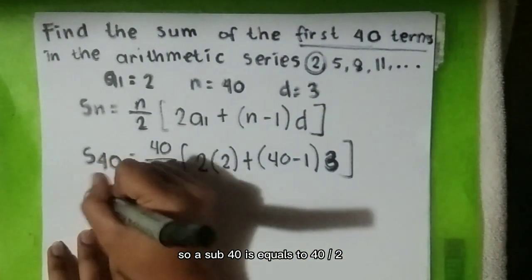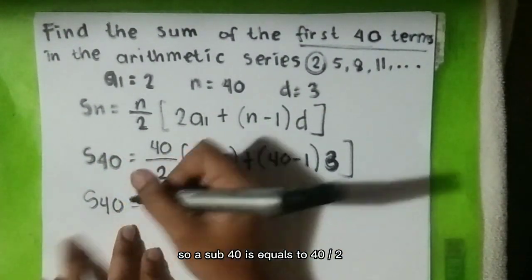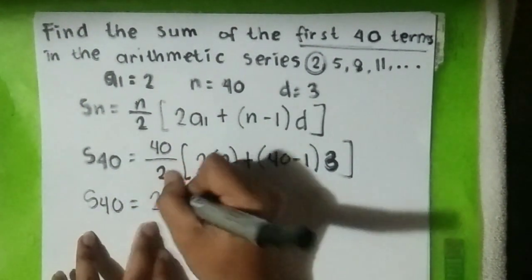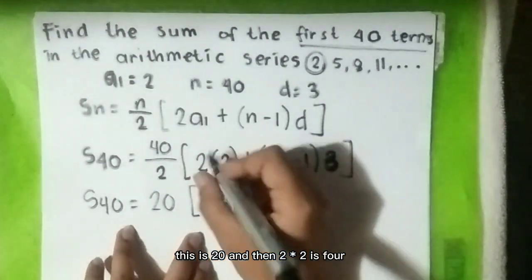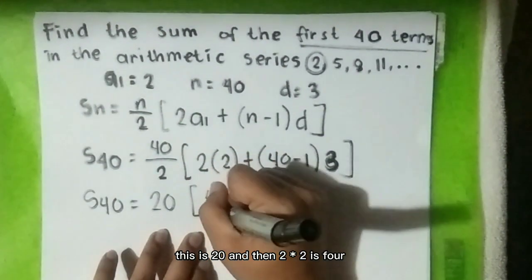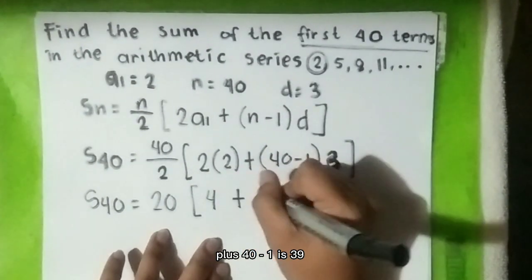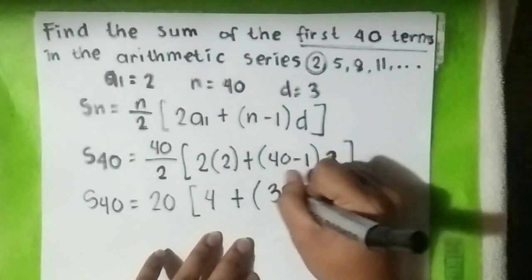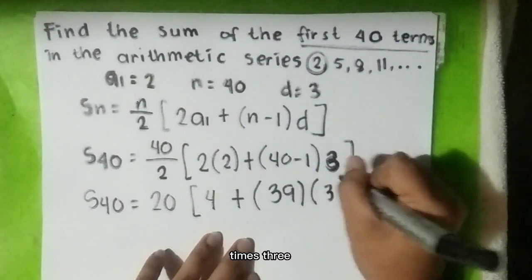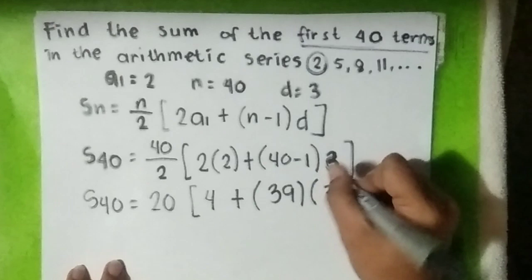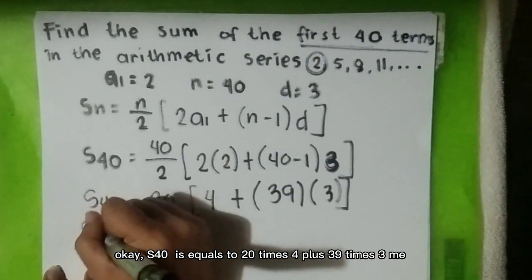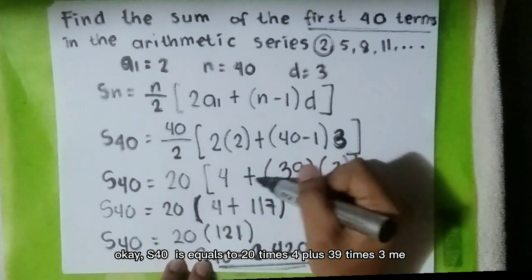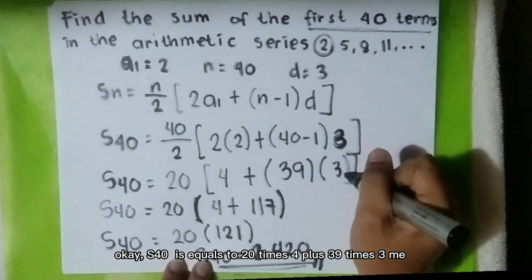So, S sub 40 is equal to 40 divided by 2, this is 20, and then 2 times 2 is 4, plus 40 minus 1 is 39, times 3. Okay, S sub 40 is equal to 20 times 4 plus 39 times 3.